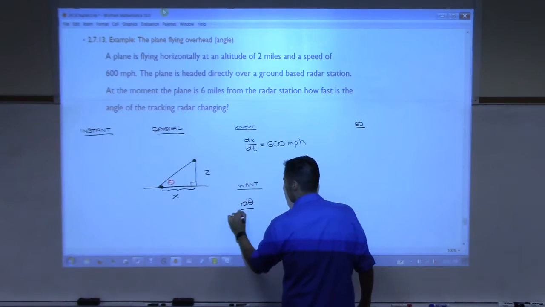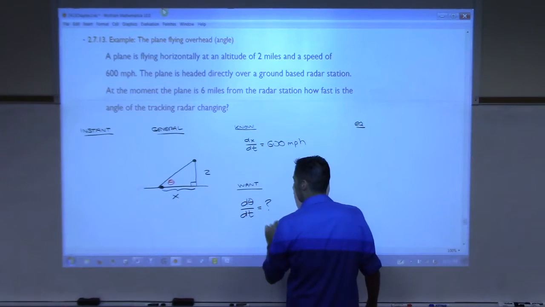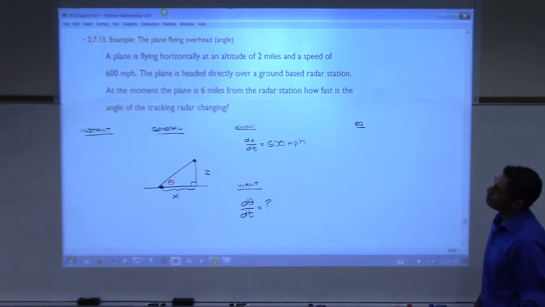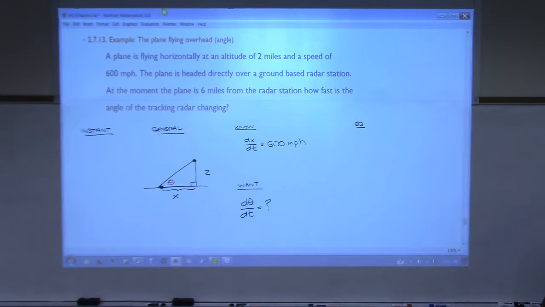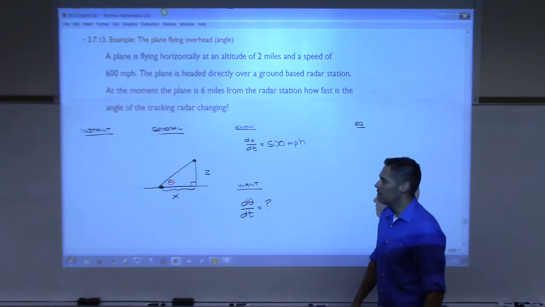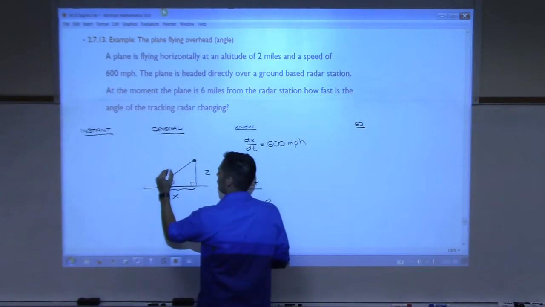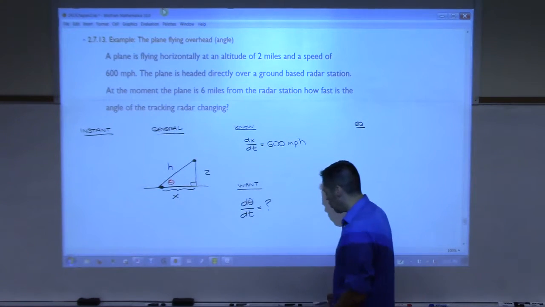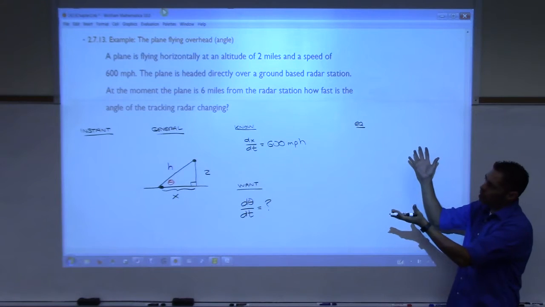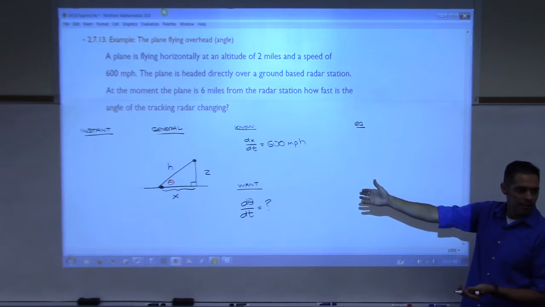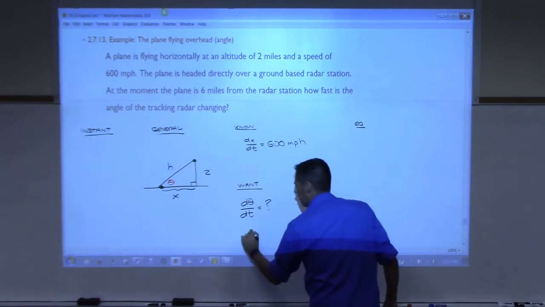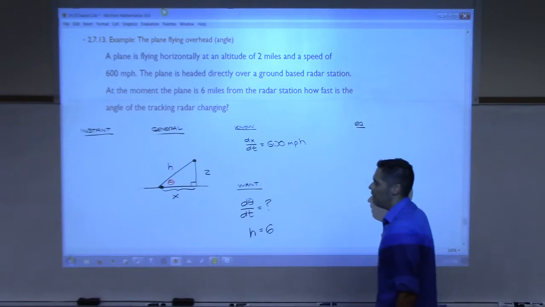I want d theta/dt. When do I want it? At the moment the plane is 6 miles from the radar station. So not x, it's the hypotenuse again. It's when h is 6, so I need to label it h. I was trying to avoid it because nothing in the problem told me I needed it, but now I actually need it because of that 6 miles.